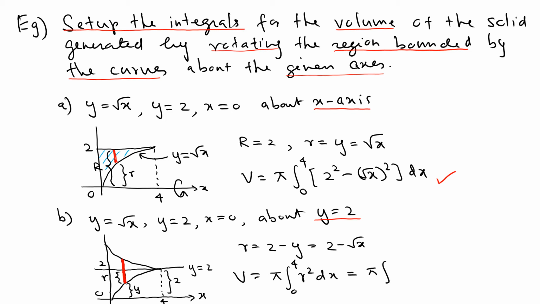So it is pi integral 0 to 4, radius is 2 minus square root x, squared dx. And you can see the internal radius is 0, so you don't see any extra term. So this is a washer, but it looks like a disk method. This method is a subcase of the washer method. Okay, but that's the setup.